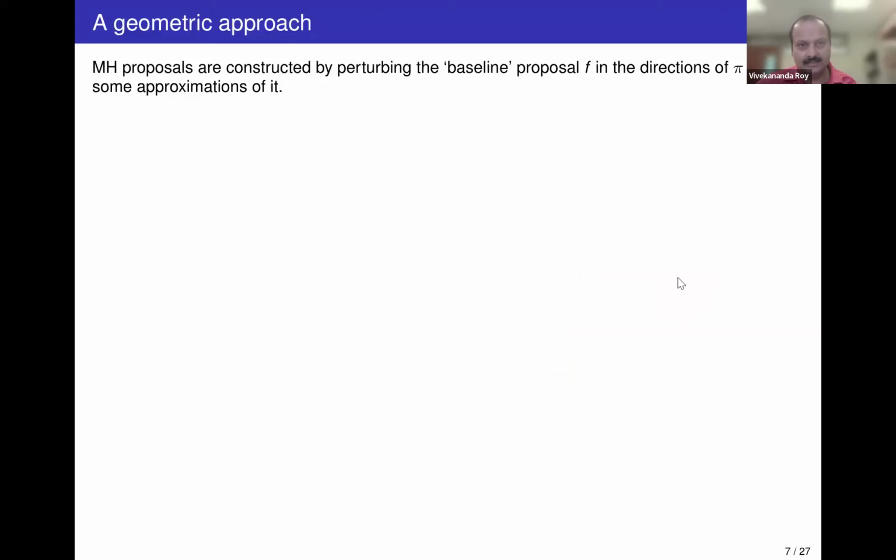So the idea is to construct my proposal density using this square root transformation. Note that in a regular random walk, if you are currently at X, we draw a perturbation from a mean zero normal density, right? And then the proposed move Y is simply X plus that perturbation.